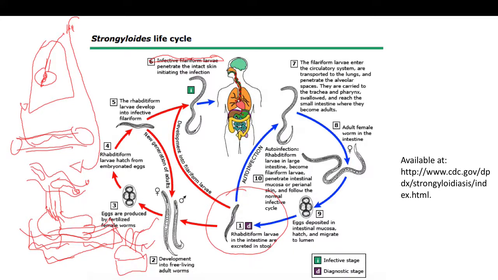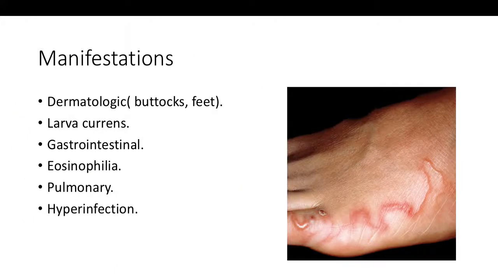Okay, fine. Now, what are the manifestations that can be seen with this parasitic infection? It is important to keep in mind that most infected individuals are going to be asymptomatic. Some of them can develop eosinophilia, but isolated eosinophilia with no other clinical findings.